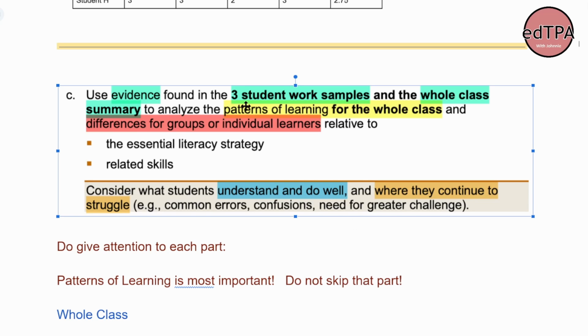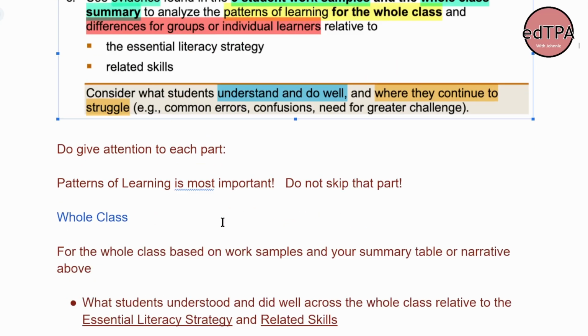You want to be thinking about the 3 student work samples and the whole class. And for the 3 student work samples, what patterns of learning were there? For the whole class, what patterns of learning were there? And then you also want to consider differences for groups or individual learners, according to what they did well and what they struggled with. So it's quite a lot here.